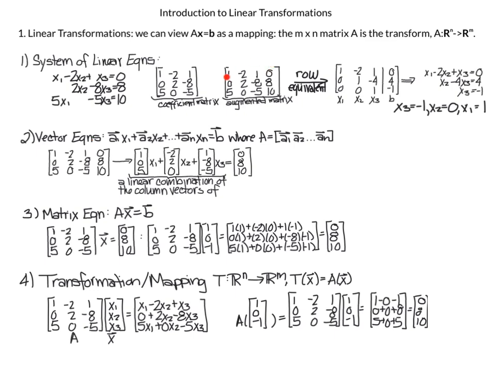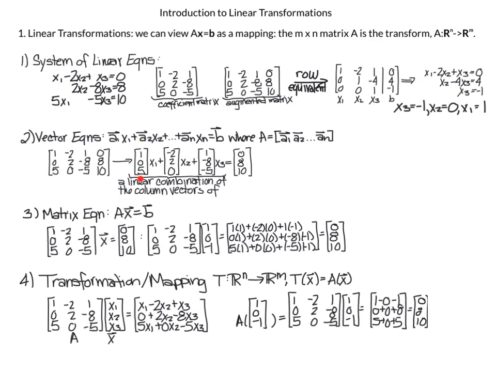So if A, using the coefficient matrix here, we'll use the column vectors as A1, A2, and A3, and then we have the scalars x1, x2, x3, then equals b, where b is this solution vector here. So what we end up with is this augmented matrix now becomes a linear combination of the three column vectors of the coefficient matrix.